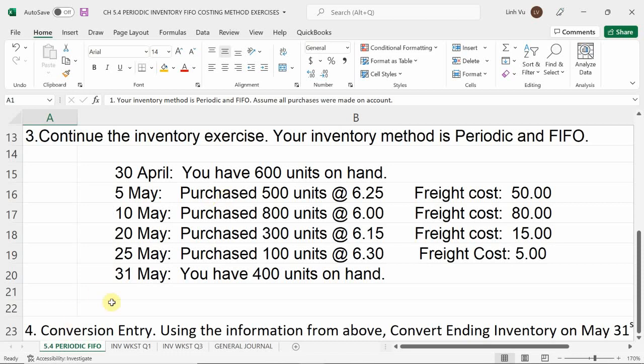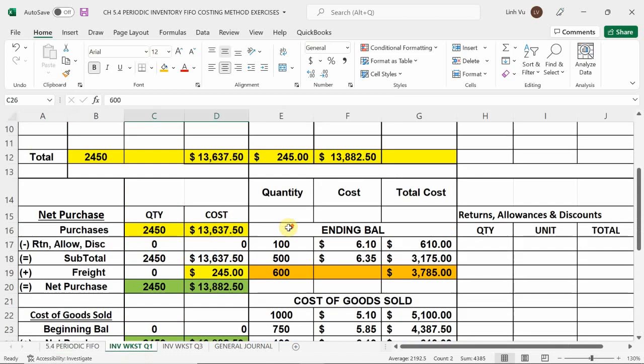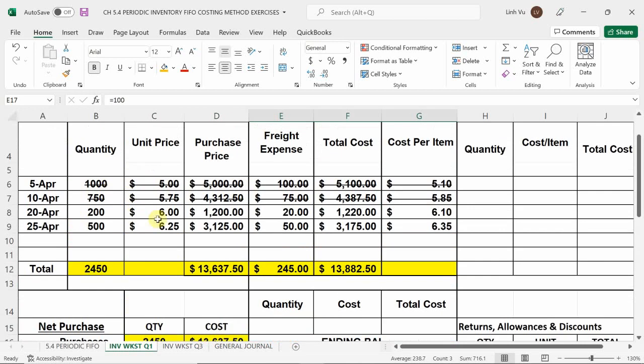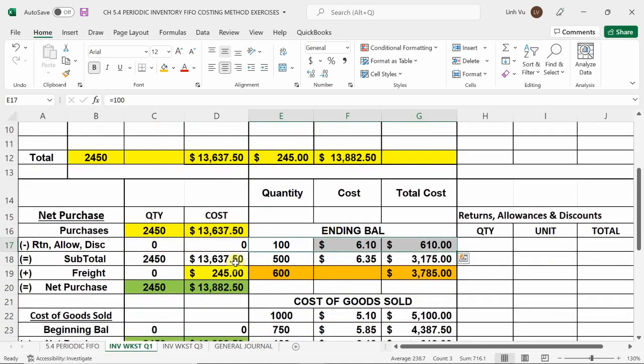All right, and we know that because that's exactly what we found out when we solved for ending inventory. We know that we have 100 from the third batch of inventory that we purchased, and then we have our fourth batch, which was the 500 units. This is what we're going to carry over into our next inventory worksheet in this exact order because this is the same idea.